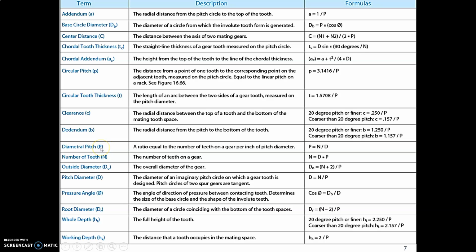P stands for pitch. P stands for diametral pitch. So if we look at the top line, he says to figure out the addendum, you would do 1 divided by diametral pitch, for example. And he gives you formulas for figuring out all the other stuff should you need it. This is a handy table to have should you need it.